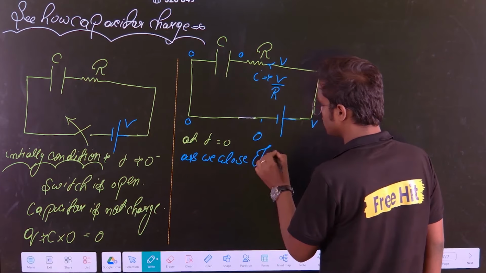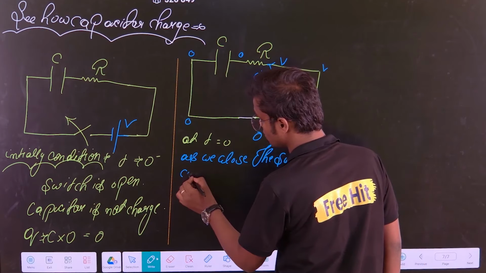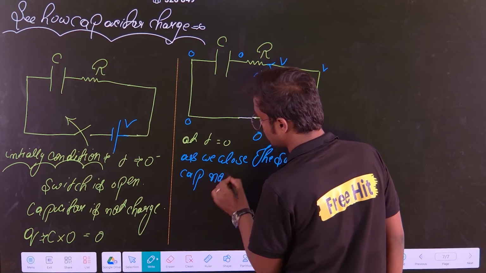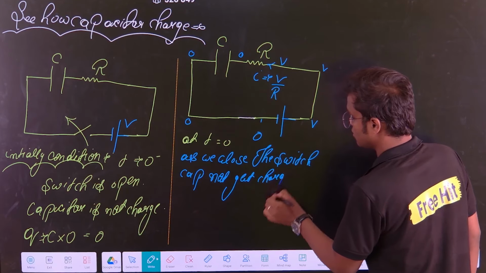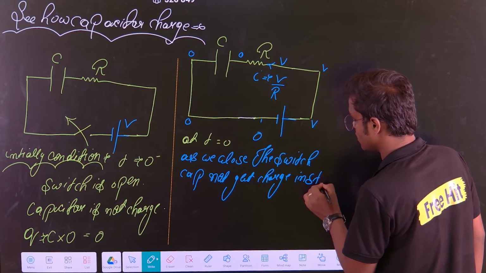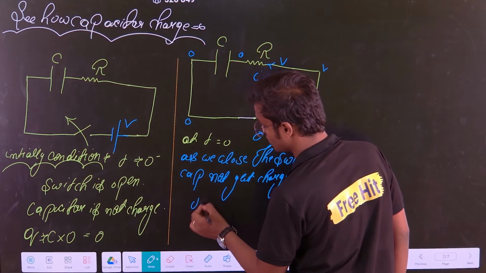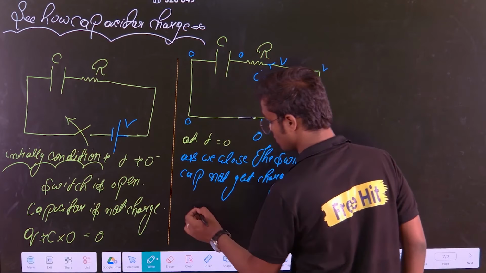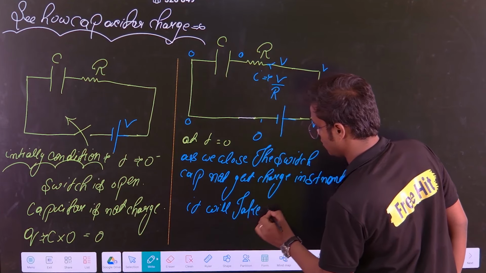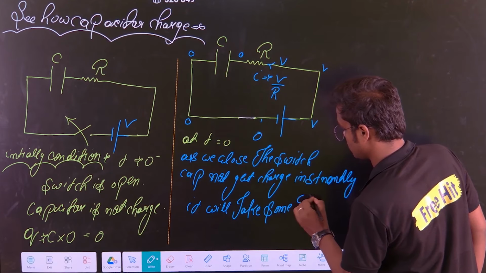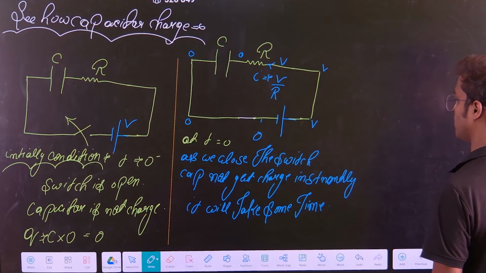So what we have seen is at t equal to 0, as we close the switch, the capacitor does not get charged instantly. It will take some time. Obviously, it will take some time. And the current will flow.